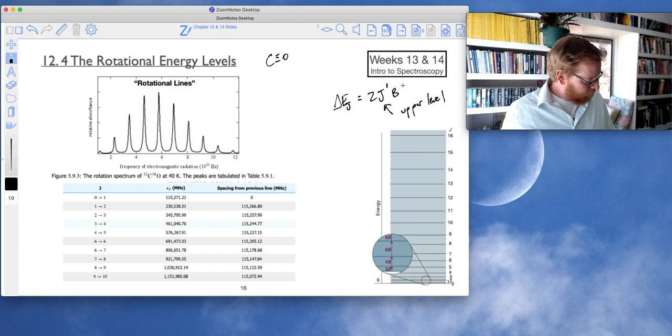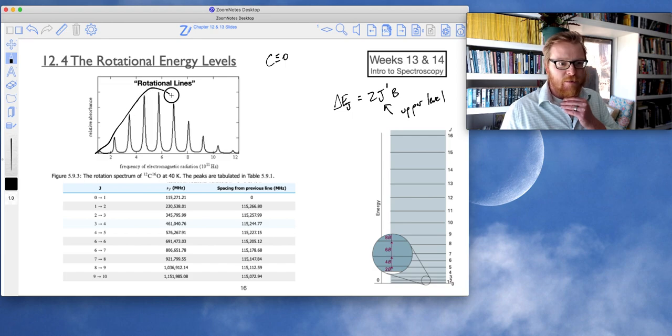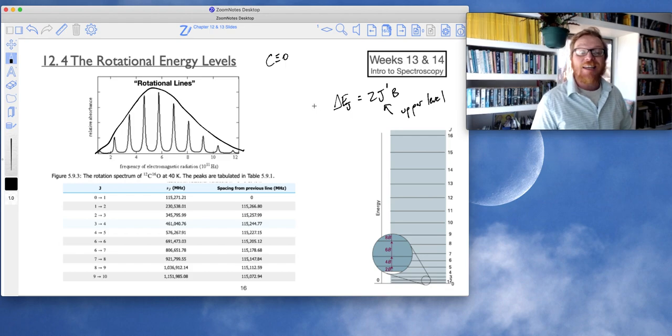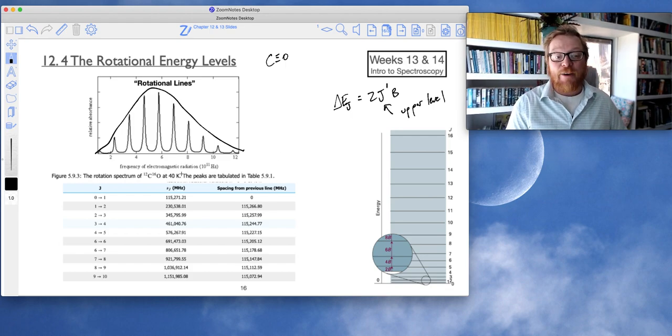All right, very good. So here we can see this nice, lovely rotational level spectrum. And you notice here that it has this lovely Boltzmann distribution, okay? And it has a Boltzmann distribution because each of those states at 40 Kelvin are populated.